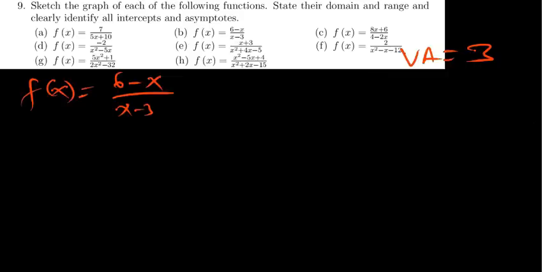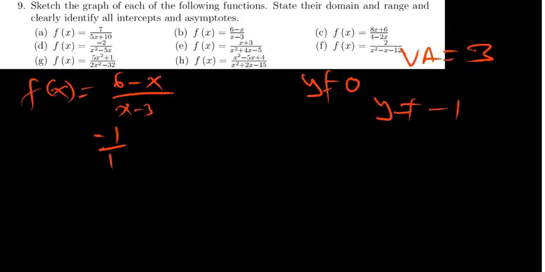We said if the function is bottom heavy, y should not be equal to 0. That is the range. If the degree of x is the same on the denominator and on the numerator, you divide the coefficients of the x. So in this case, the coefficient of x on top is -1, divided by 1, meaning that y should not be equal to -1.